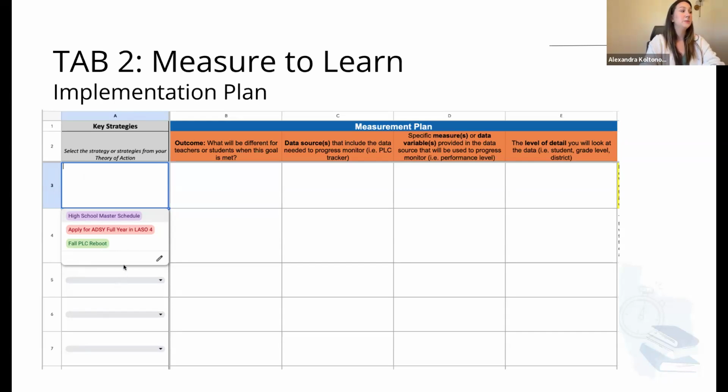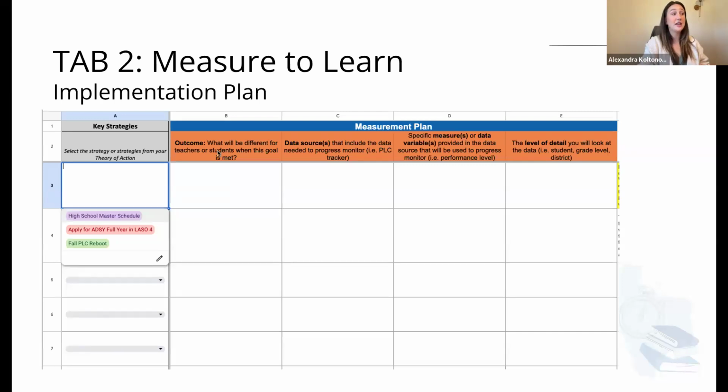For the measurement plan, you include the outcome of what will be different for the teachers or students, and the data source that will include the data that you need. That could be a data source that already exists or something that you plan to create. Then specific measures or data variables.